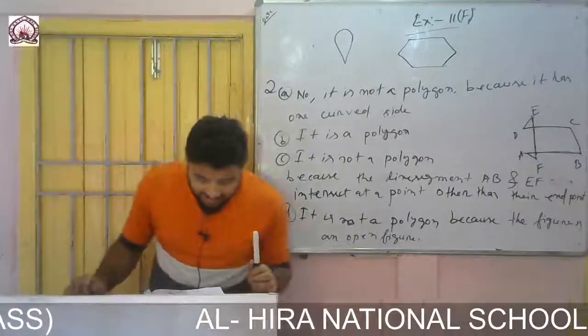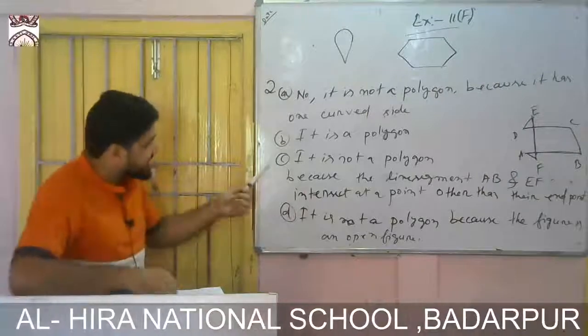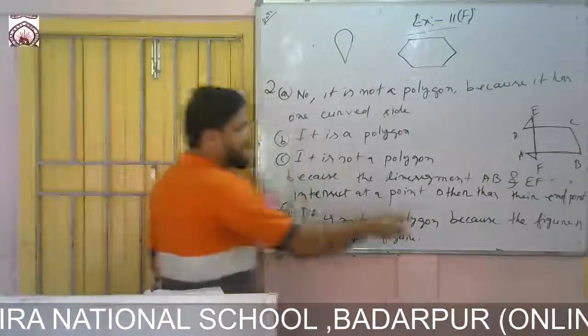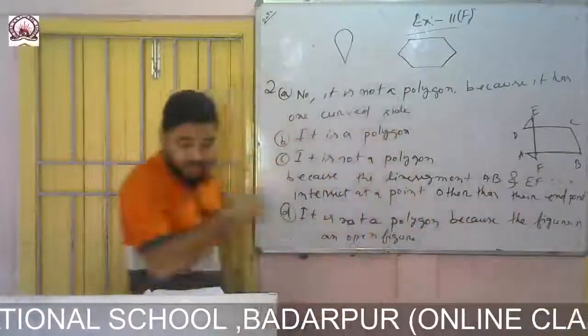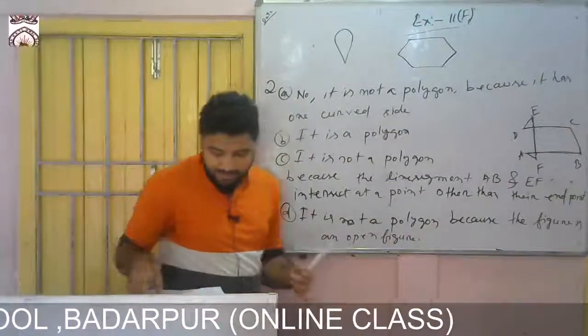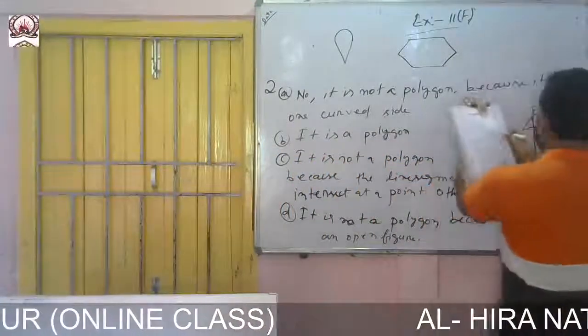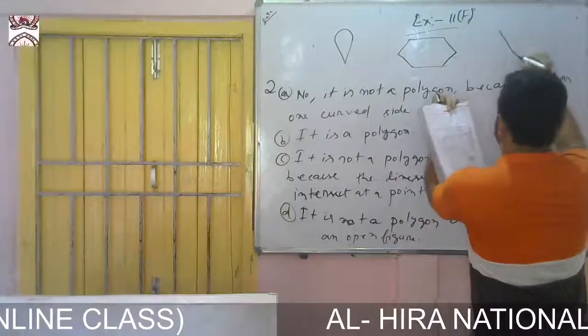Now come to question number E. Question number E and question number C are both the same. Just in place of AB and EF, you replace AE and BD. So see the figure: AE and BD intersect.